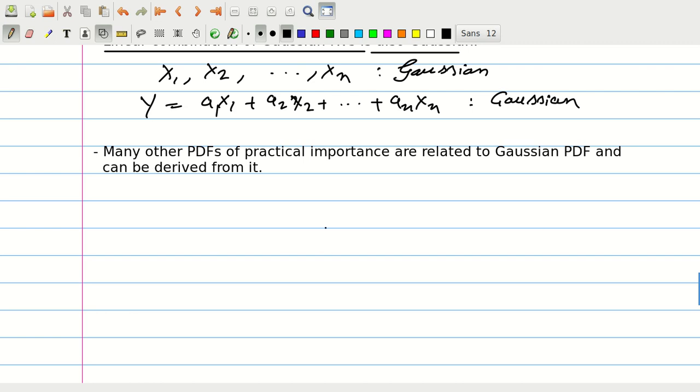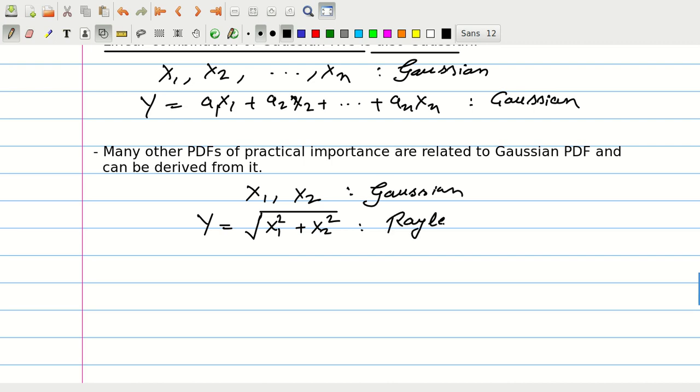For instance, suppose x1 and x2 are Gaussian random variables, then some other random variable y, defined as the square root of x1 square plus x2 square, can be shown to have a Rayleigh distribution, which is very important in modeling fading in a wireless communication system. There are many other such PDFs which can be derived from the Gaussian PDF.